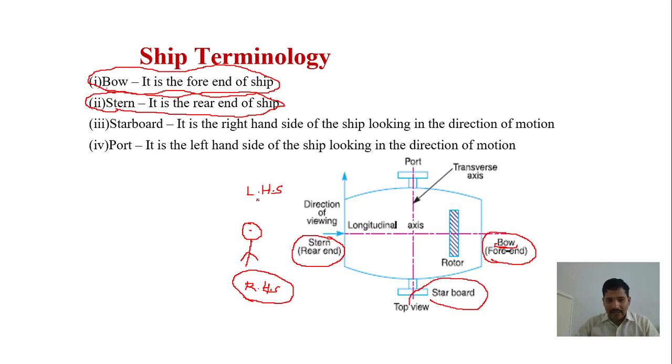And the left hand side of the ship when viewed from the stern we can say is port. The right hand side of the ship when viewed from the stern we can say is starboard.